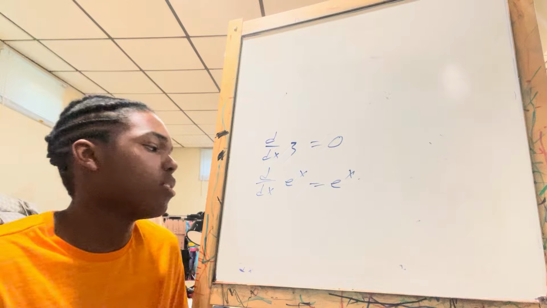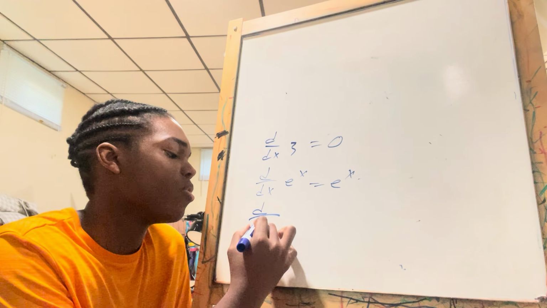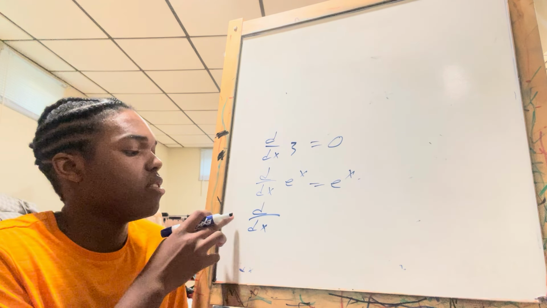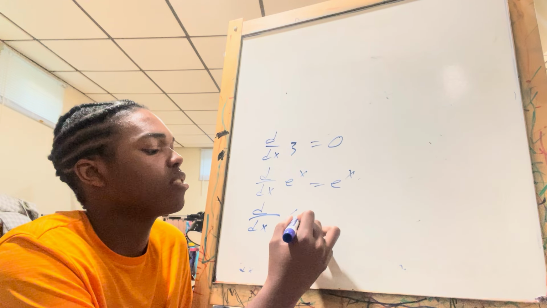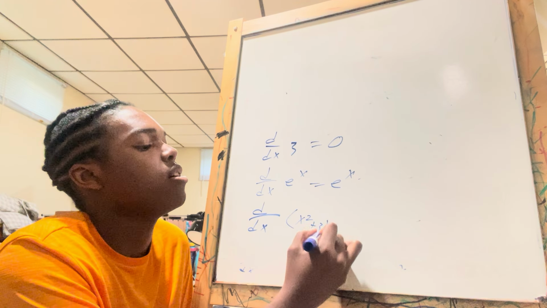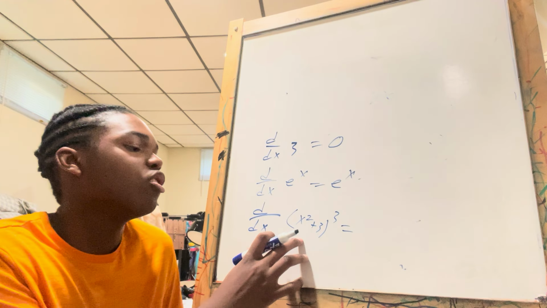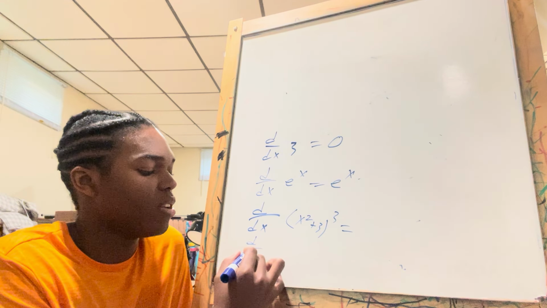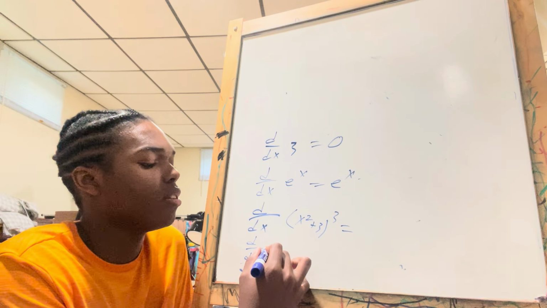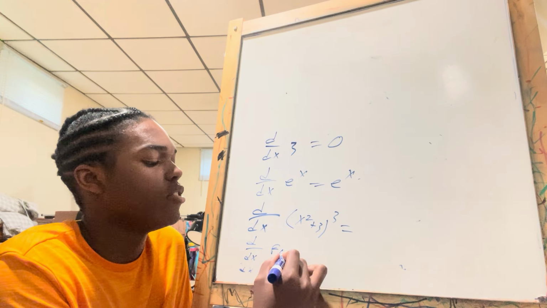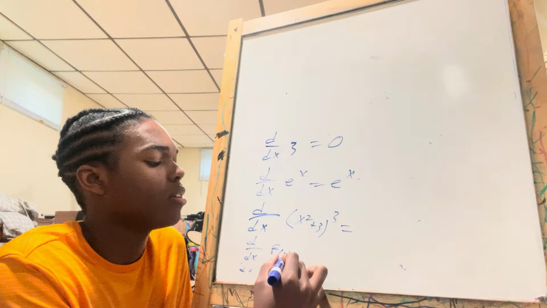And finally, we got to talk about chain rule. Chain rule is basically when there is a function inside of a function. So, I don't know, x squared plus 3 cubed. Now, this just means if we were to put this out definitionally, it would just be f of g of x, right?